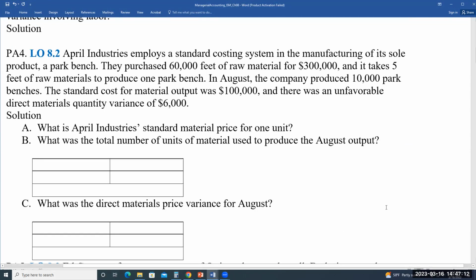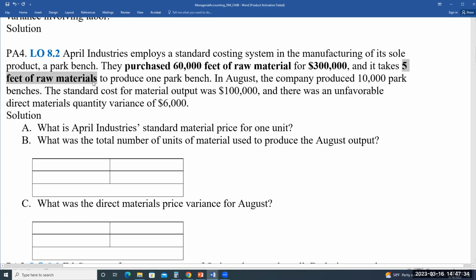this one's not too bad. So this company, let's see, they purchased 60,000 feet of material for $300,000. It takes 5 feet of raw materials to make 1 unit, which is a park bench.